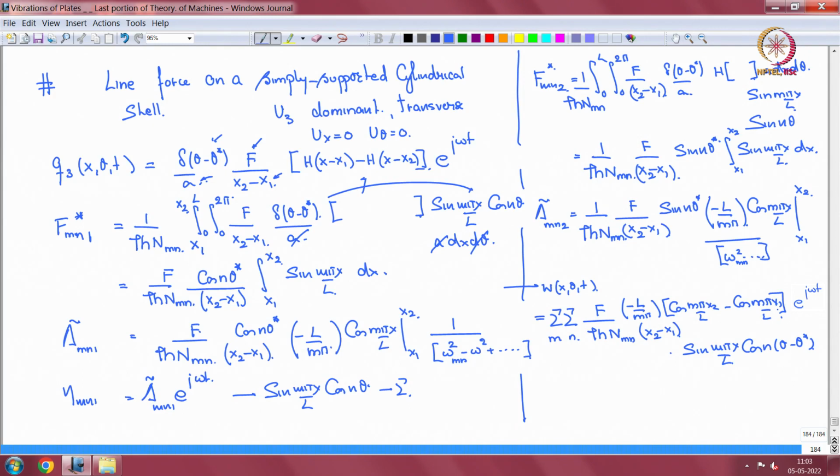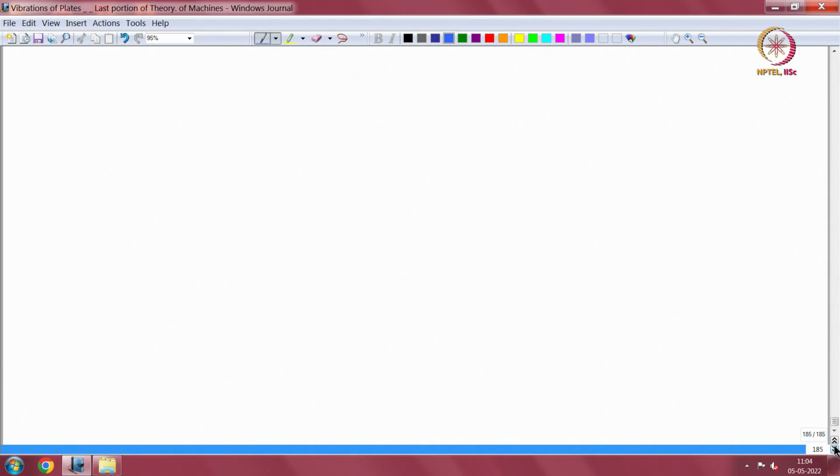Now what is this n theta minus theta star? We are getting it again and again. So what it is that if you have a cos n theta minus theta star, this is a maximum at theta equal to theta star.